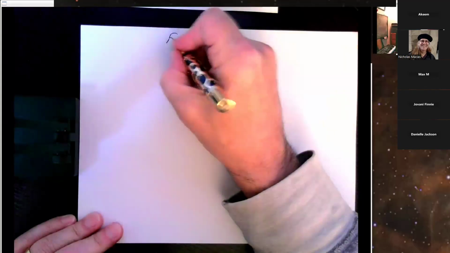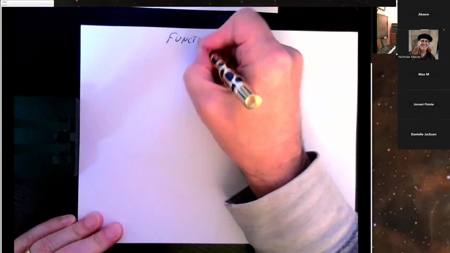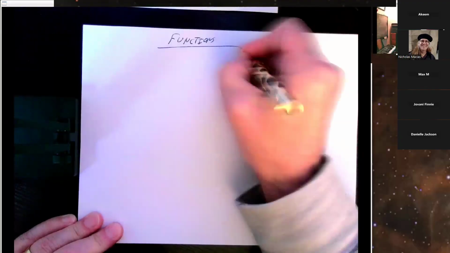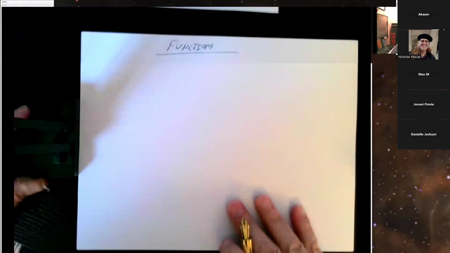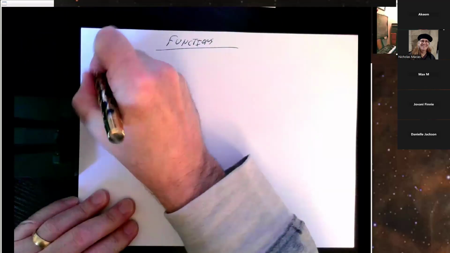All right, let's talk about functions. So here's a definition.